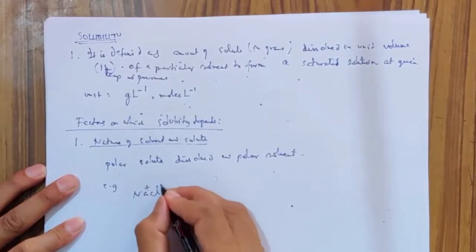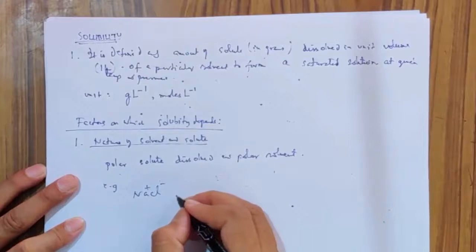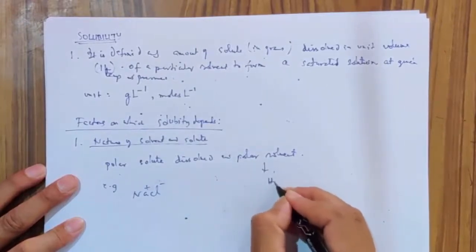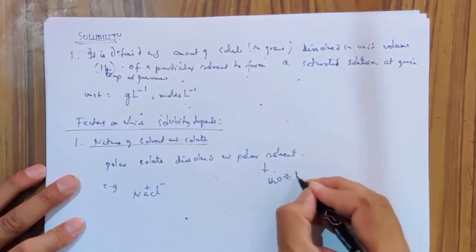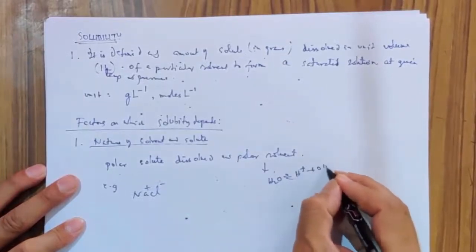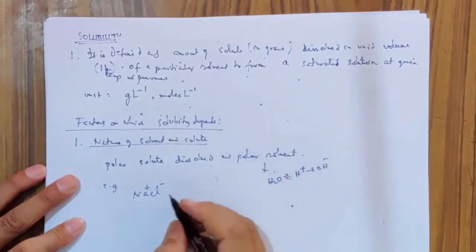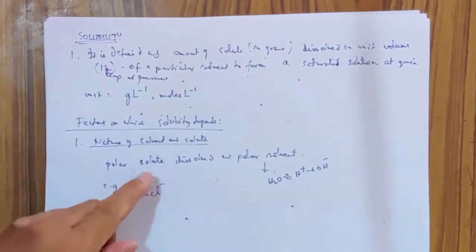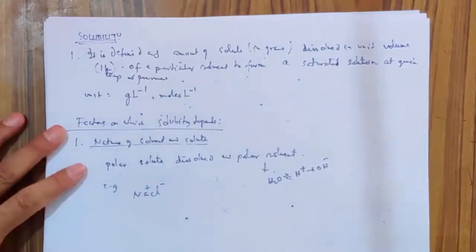It has plus and minus. It is highly dissolved in water. Water is a polar solvent too, with H plus and O minus charges, so we call it very polar. A polar solute dissolves in a polar solvent.